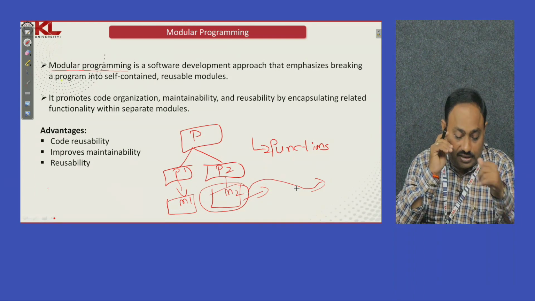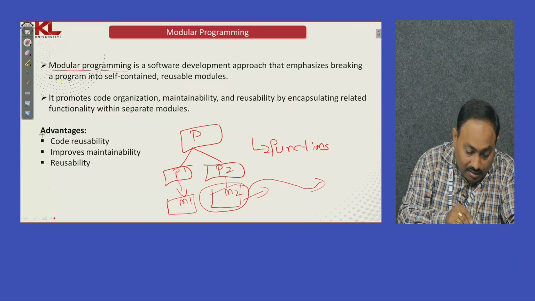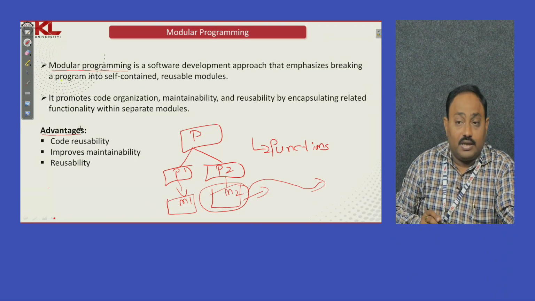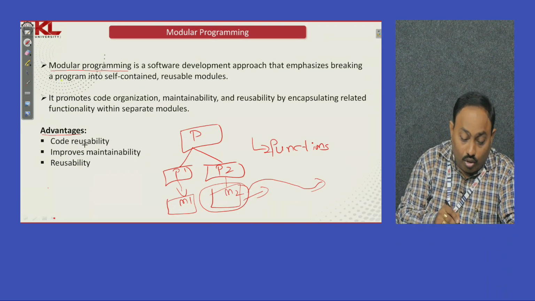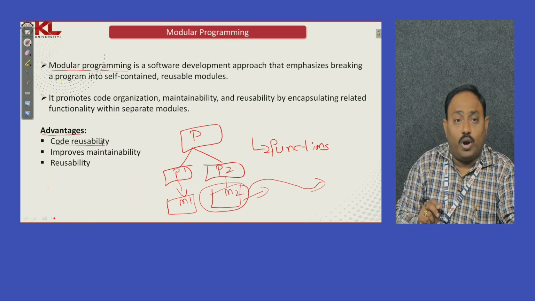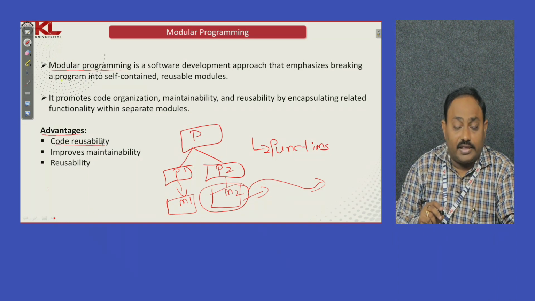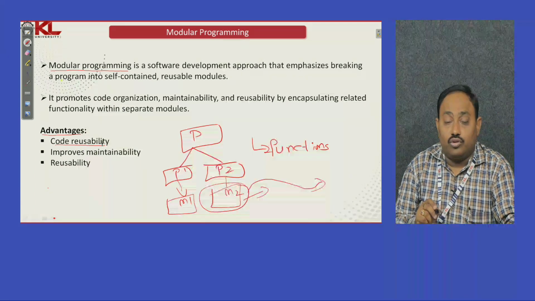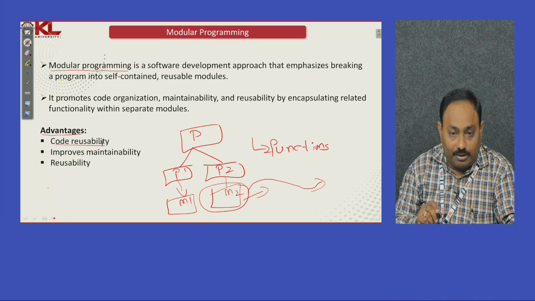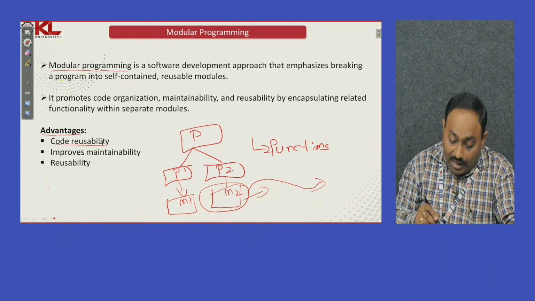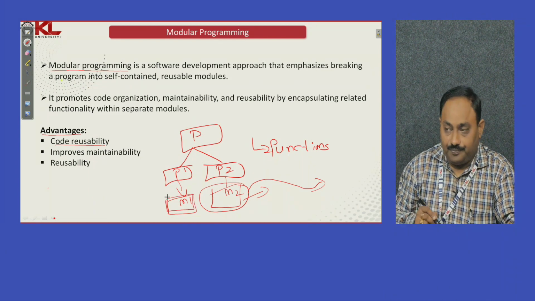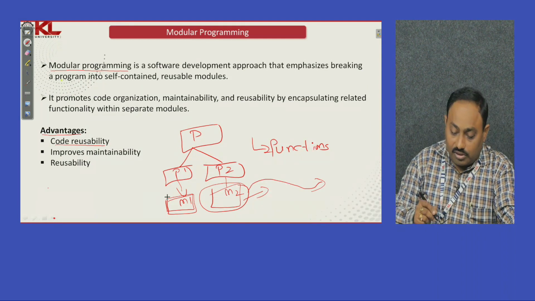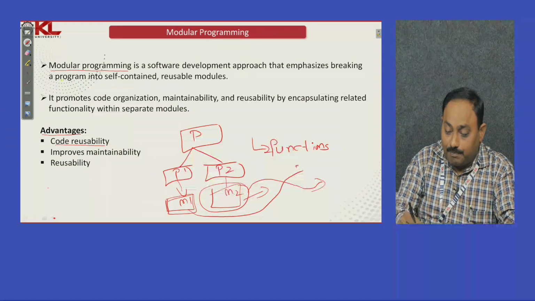Okay, so let us see what are the advantages of this modular programming. The first advantage is code reusability. What is this code reusability? As I told you, code reusability indicates writing code once and using it many number of times. For example, we have defined a module M1 and I want to use this module M1 in many places.